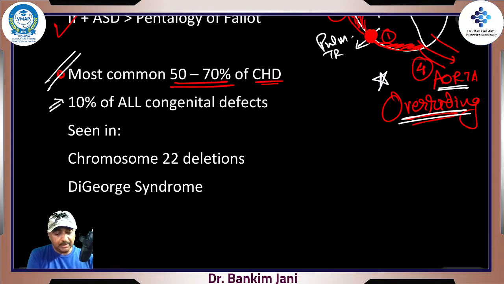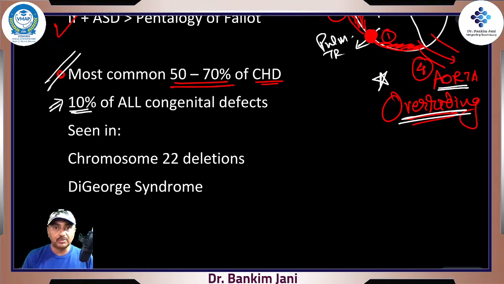Another point: it accounts for 10% of all congenital disease. When you consider congenital disease of bones or metabolism, all those conditions combined, this one condition holds 10%. Pretty big. Now, this is seen in chromosome 22 deletions, which is very interesting.